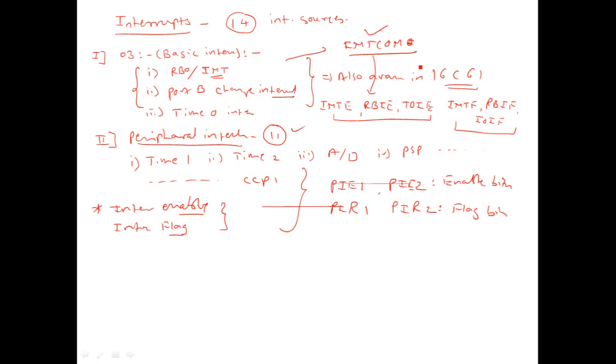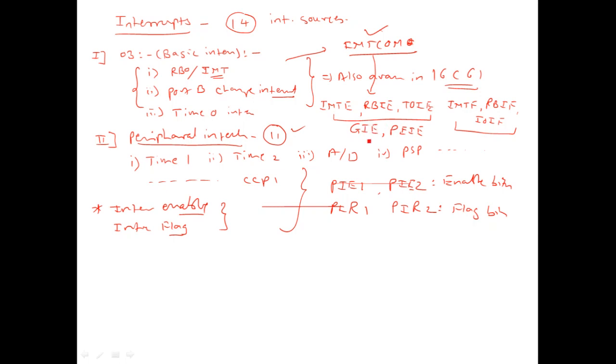In addition to that, there are 2 bits available: global interrupt enable, to enable or disable all the interrupts at once, and peripheral interrupt enable bit. When you reset the global interrupt enable bit, all the interrupts are disabled.